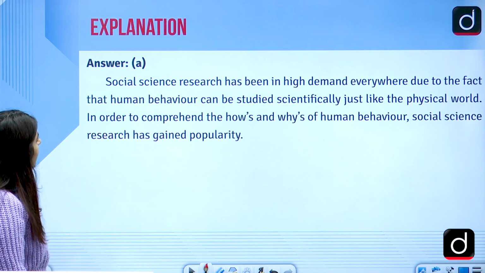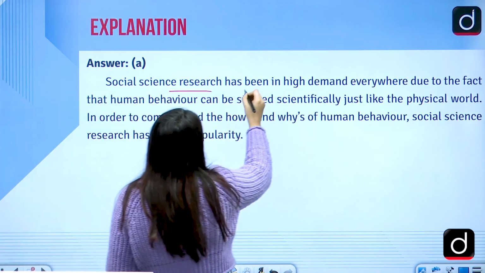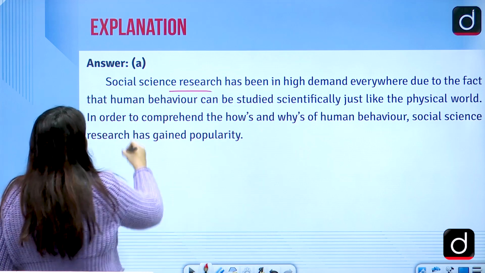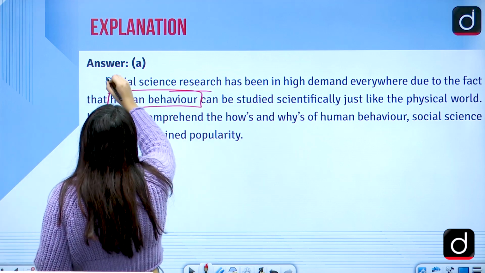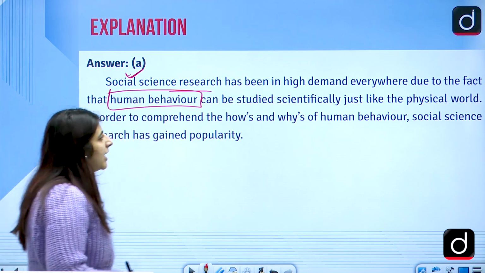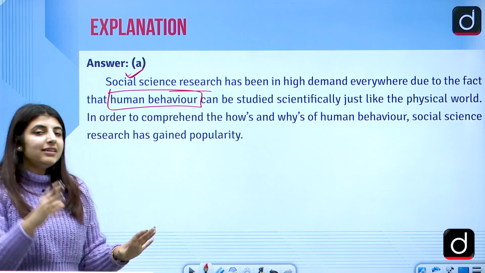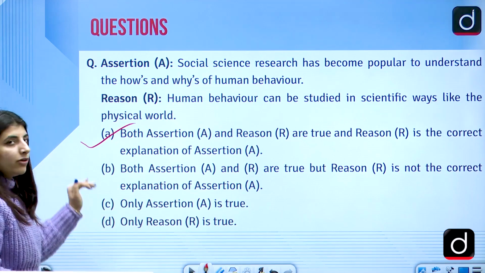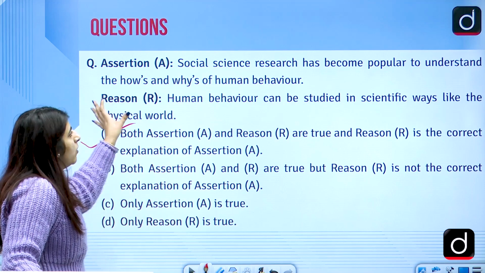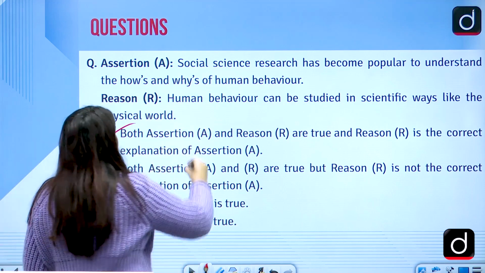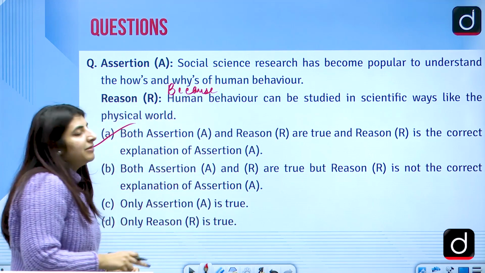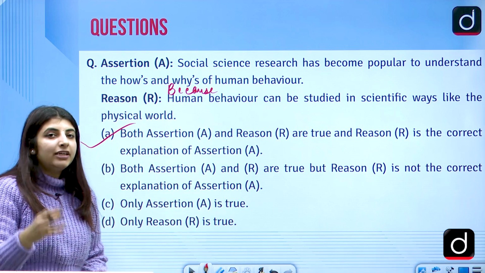Let's just see why. Social science research has been in high demand everywhere in today's time, right? Due to the fact that human behavior, in social sciences, can be studied scientifically, correct? Just like the physical world. Hence, if we read both these statements together, social science research has become popular to understand hows and whys of human behavior, because human behavior can be studied in scientific ways as well in today's time.